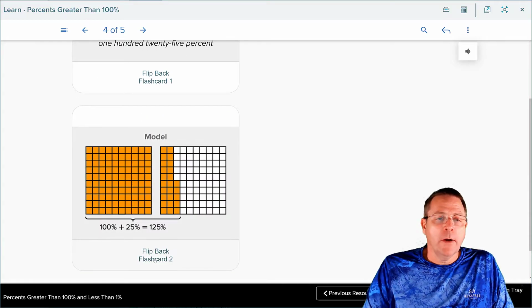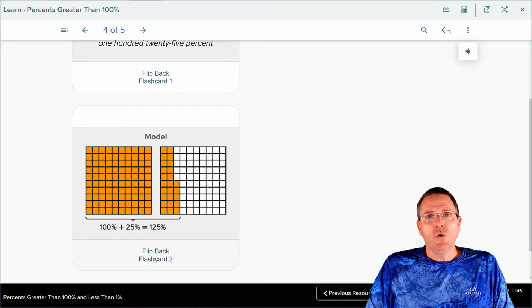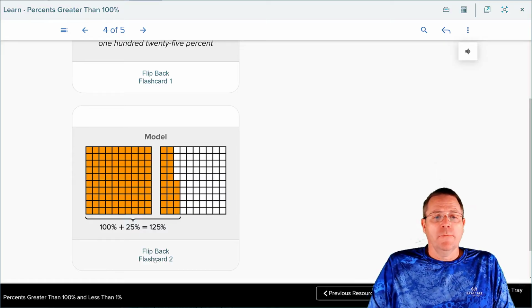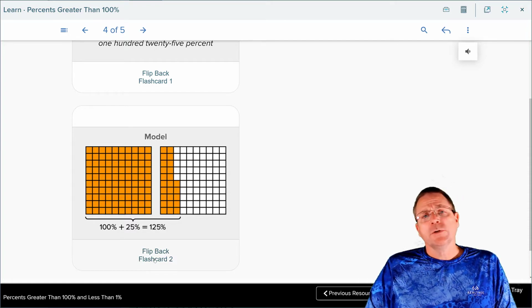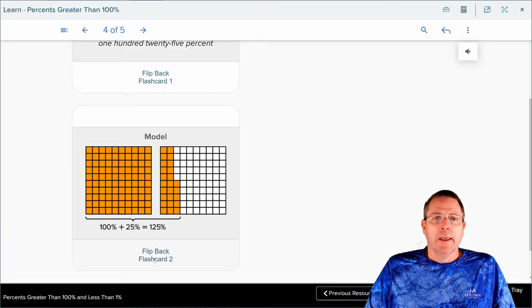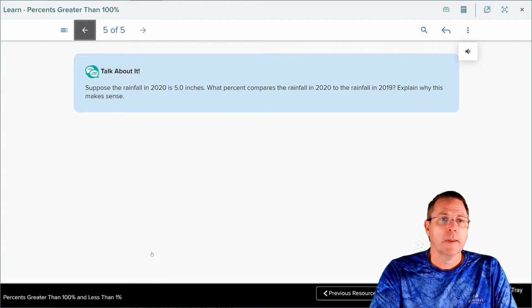Meanwhile, if we were to model 125%, that means we would need to use two 10 by 10 grids. The first 10 by 10 grid is solid, it's entirely filled. The second 10 by 10 grid, we have 25 of them filled, representing the additional 25%, 100% plus 25%. That's where your 125% is going to come from.